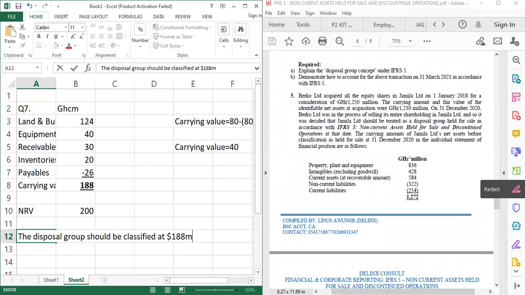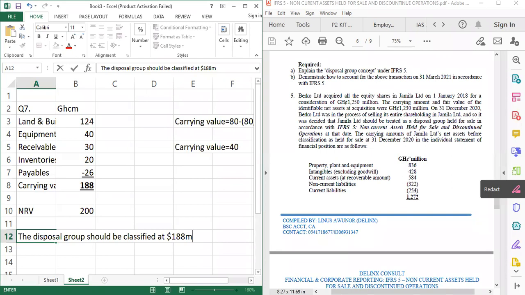On 31st December 2020, Beko Limited was in the process of selling its entire shareholding in Jamila Limited, and so it was decided that Jamila Limited should be treated as a disposal group held for sale in accordance with IFRS 5, Non-current Assets Held for Sale and Discontinued Operations.